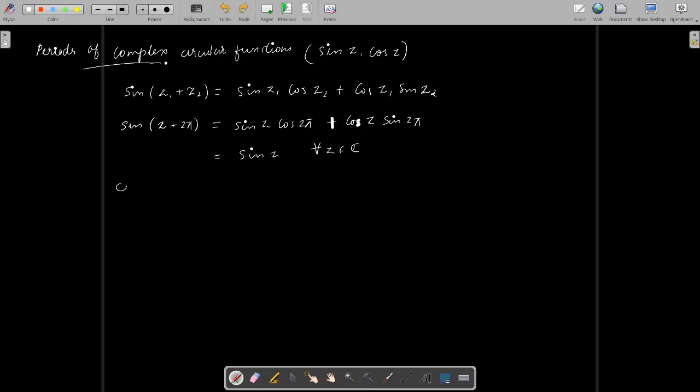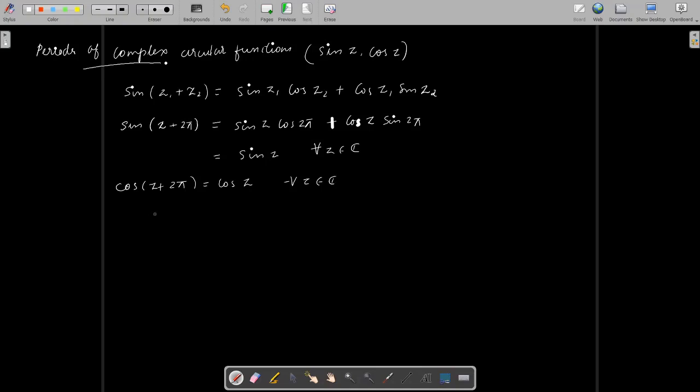Similarly, you can get cos of z plus 2 pi is the same as cos z. This shows that the period of the circular functions cos z and sin z is 2 pi.